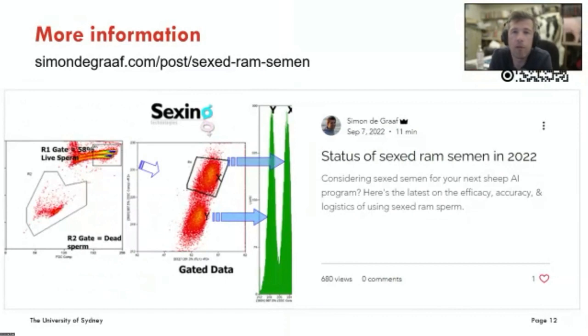So for more information about what I've very briefly covered here today, including some of the stuff about when you would actually use sexed semen, you can take a look at this blog post that I wrote last year. There's a little QR code that you can just go straight to that site if you pop your phone up there now, or you can go to that web link.